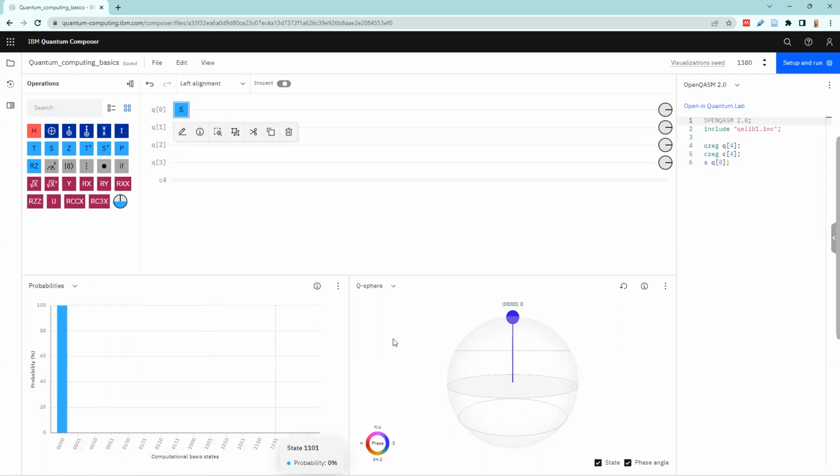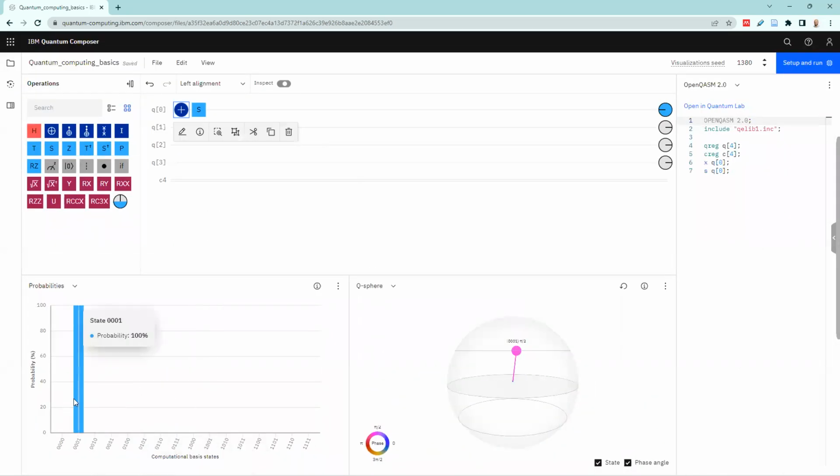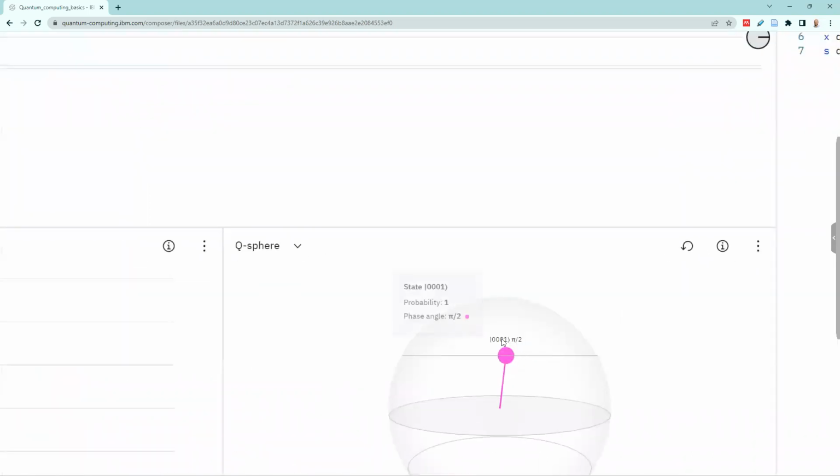When the S gate is applied to 0, nothing is happening. Now we want to apply S to state 1. Yeah. So the S gate applied to 1 gives us a phase of pi by 2. And the probability distribution is the same 100%, but the phase becomes pi by 2.